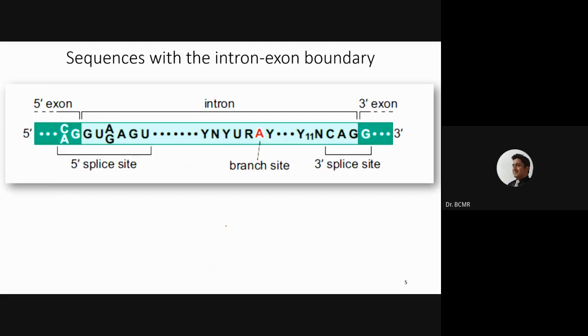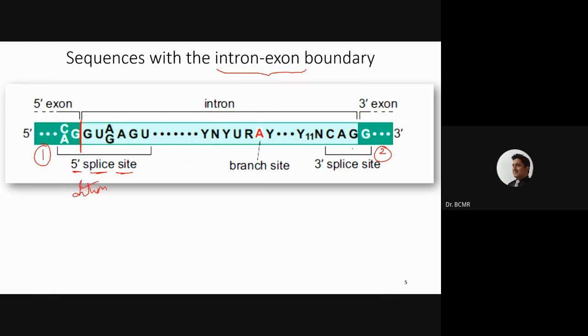So some of the things for splicing to occur is we should try to identify or recognize these intron-exon boundaries, right? Assume here is exon 1, okay? And here is exon 2, the green one. So this part is called the 5' splice site. You can think of it as the 5' side of the intron.